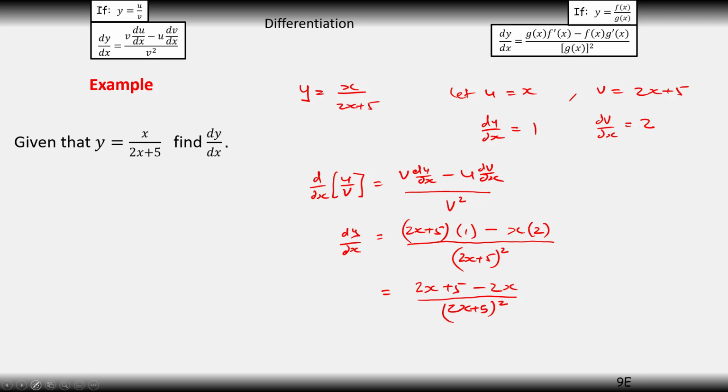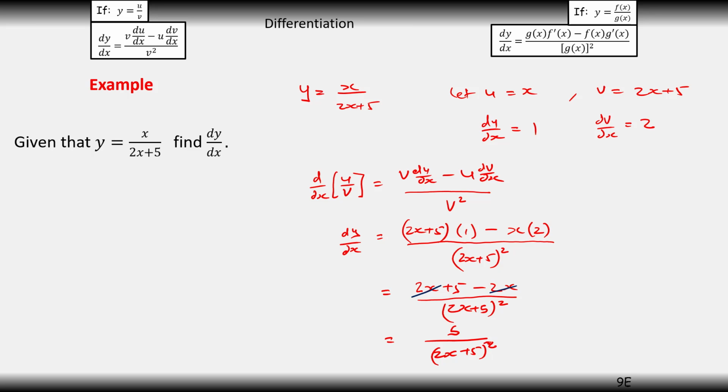Now the 2x's in the numerator cancel each other out. 2x minus 2x, so we end up with just 5. Oops, why have I got a highlighter? Just want a pen back. Red pen, even better. So you end up with 5 divided by 2x plus 5 squared.